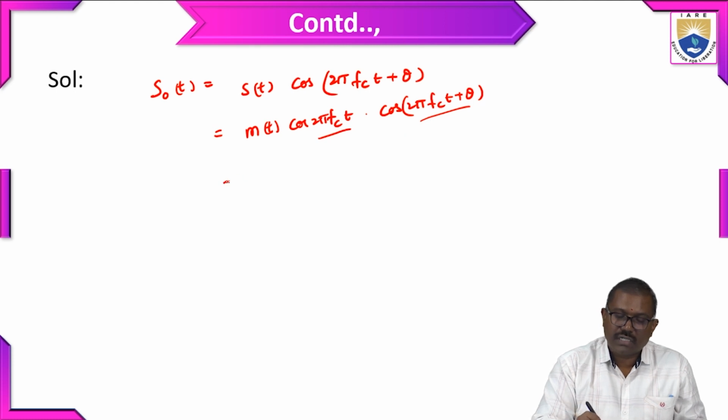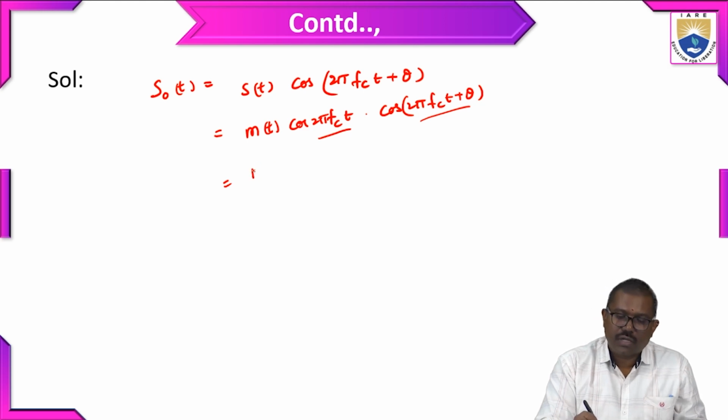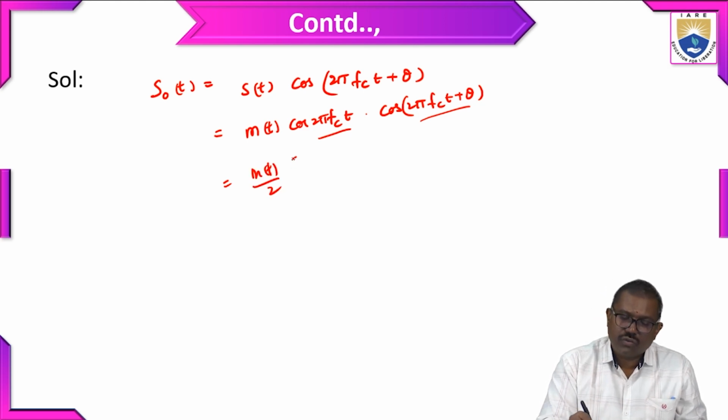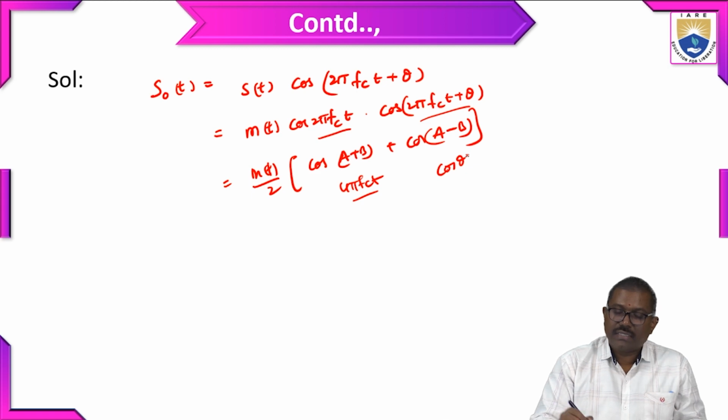So here you get two terms: m(t)/2 into cos(A+B) plus cos(A−B). A plus B gives the 4πfct term, the first term. The second term has only the cos θ term.